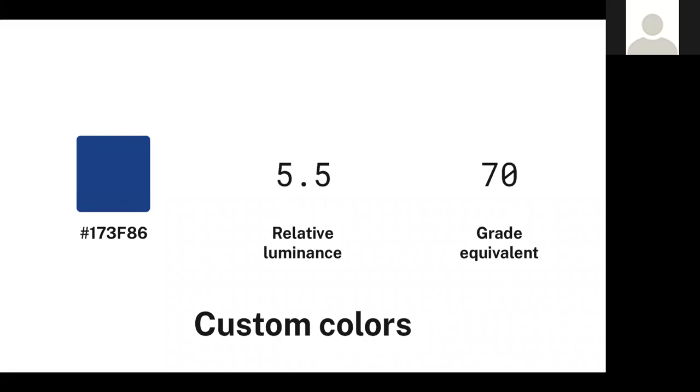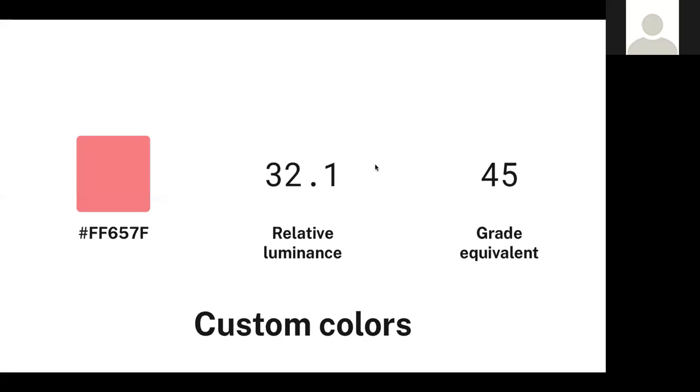Now that we have this luminance guidance, we can point teams to it. You have this custom hex, you plug it into a luminance calculator, and you learn that it's 5.5% luminance. Its grade equivalent is 70.